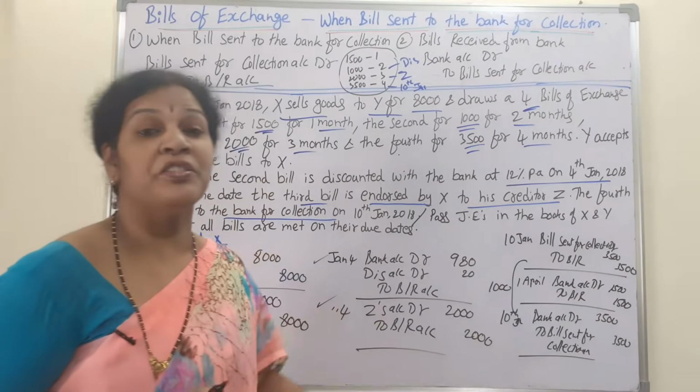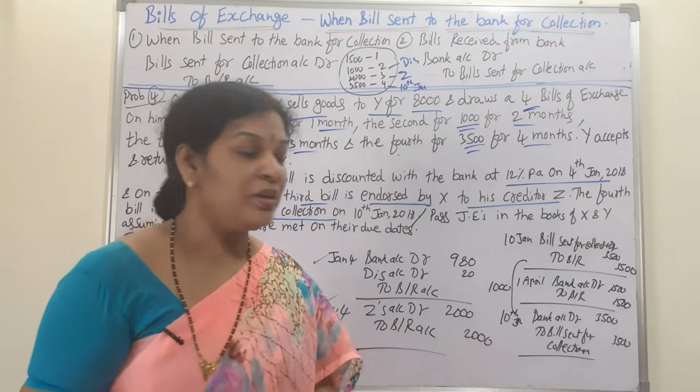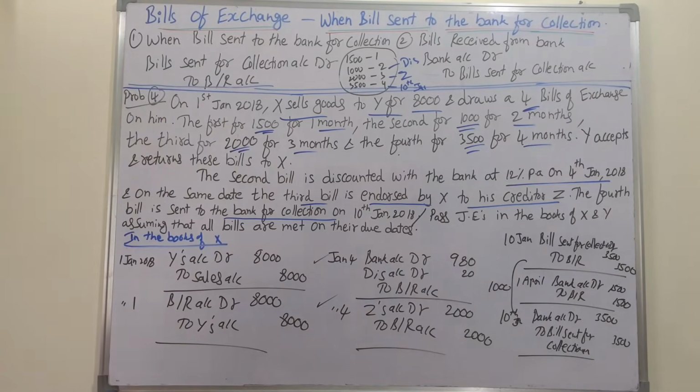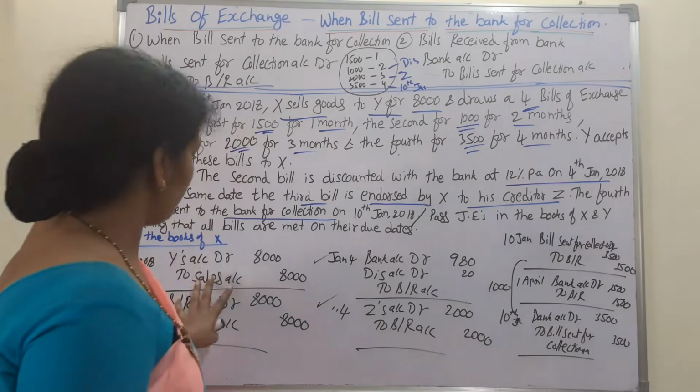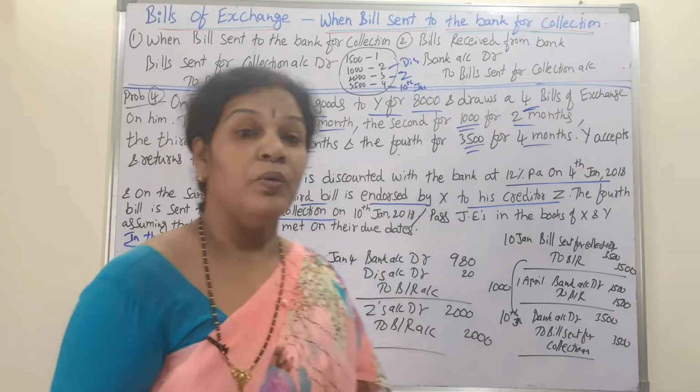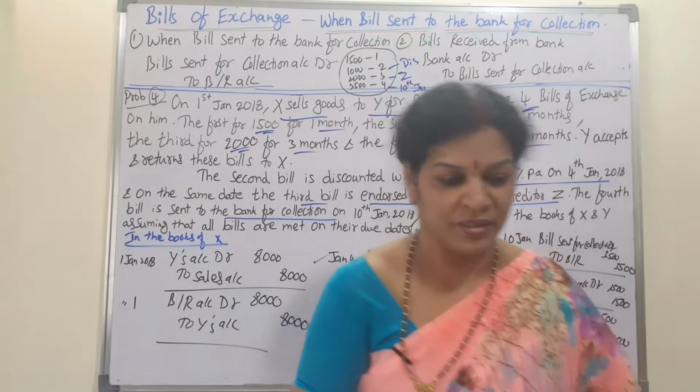Being bill amount received from the bank. That's all. These are the journal entries in the books of X, you can note them down. Now in the books of Y we'll see.